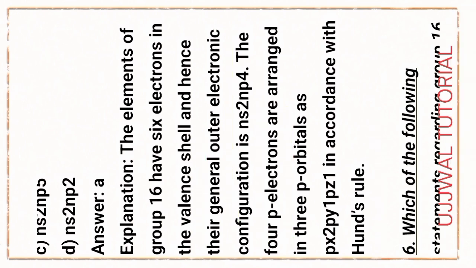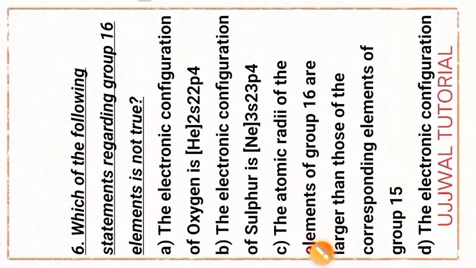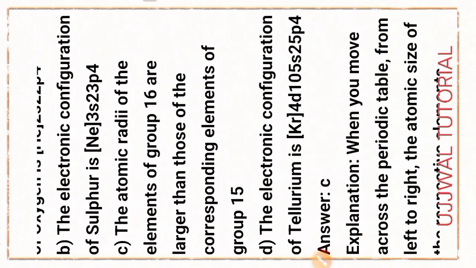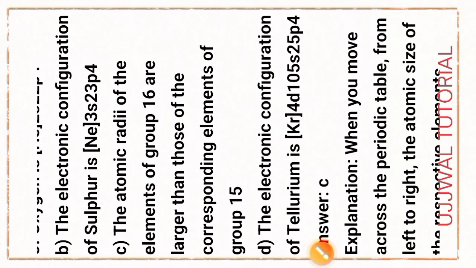in accordance with Hund's rule. Clear? Next question, question number 6. Which of the following statements regarding group 16 elements is not true? That is option C, the appropriate answer for this question: atomic radii of the elements of group 16 are larger than those of the corresponding elements of group 15.